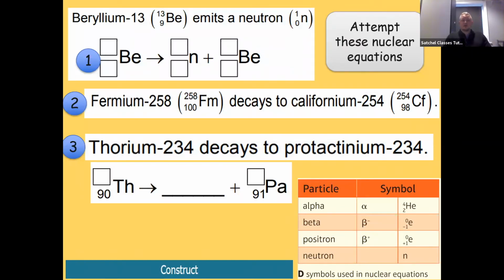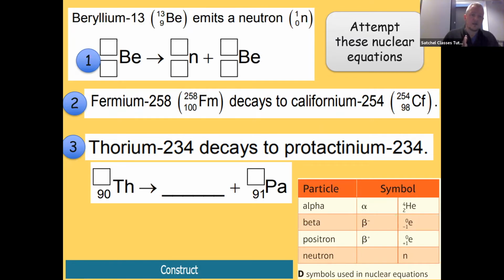So, as an example, we have a couple of different nuclear equations here. First one, beryllium-13, 13/9 Be, emits a neutron, 1/0 n. Now, because it emits a neutron, its mass number will decrease by 1, meaning we're going from beryllium-13 to something 12.